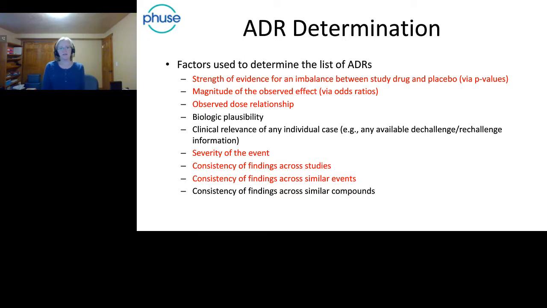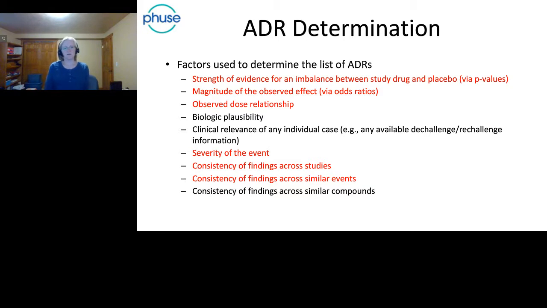And then the magnitude of effect in your data, like odds ratio, risk difference, how big your effect is. Is it 2 times? Is it 3 times more often? Dose effect is also very important. If you have an event and there's a dose relationship, that's pretty strong evidence that it could be reasonably likely caused by the drug.